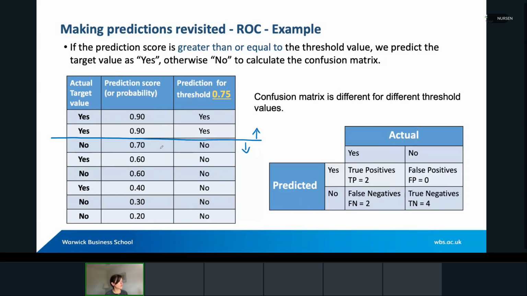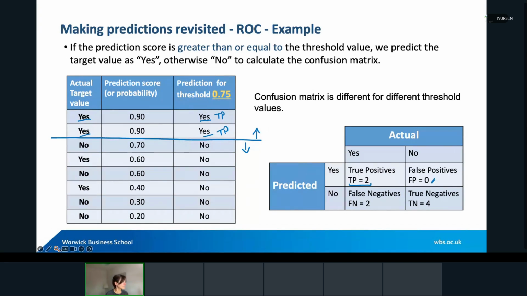So what are the true positives now? The actual value is yes, and we identified as yes, so this is a true positive. Actual value yes, we identified as a true positive. So we have 2 true positives. From the positive predictions, there is no error. All of them are correctly identified. Therefore, we have 0 false positives.